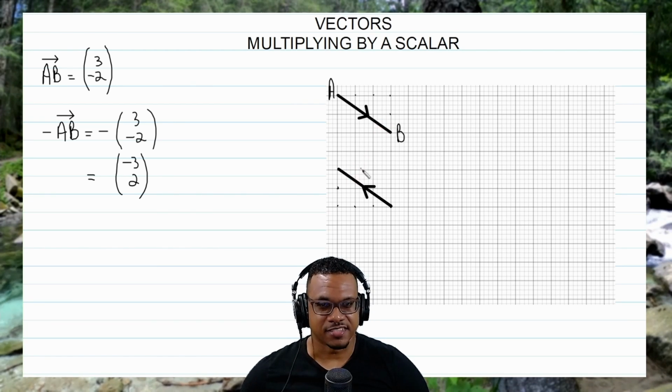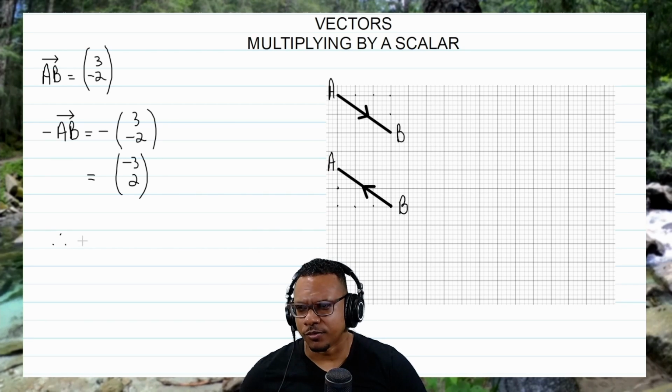But these two vectors are in the opposite direction. So if I were to keep the B down here and the A up here, this vector will be pointing from B to A. Therefore, negative AB would be the same as the vector BA. So therefore, negative AB is equal to BA.